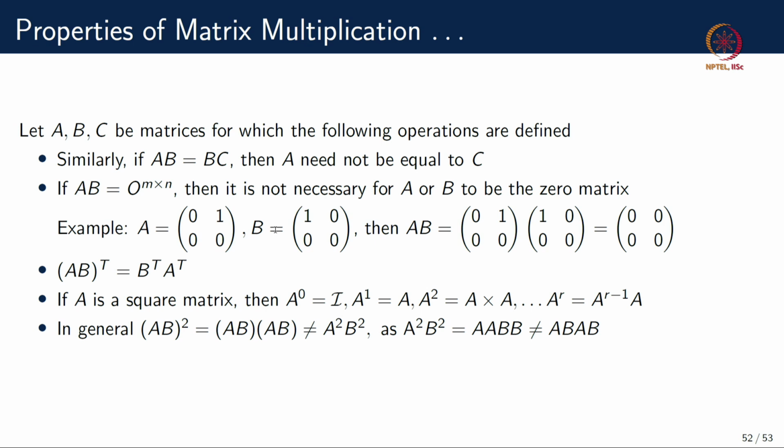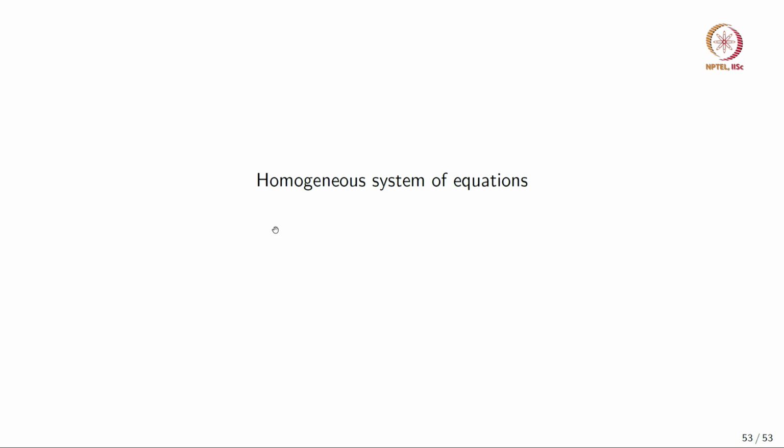Having looked at the various operations on matrices, we are now ready to look at solving the system of linear equations. Firstly, we look at the homogeneous system of equations.